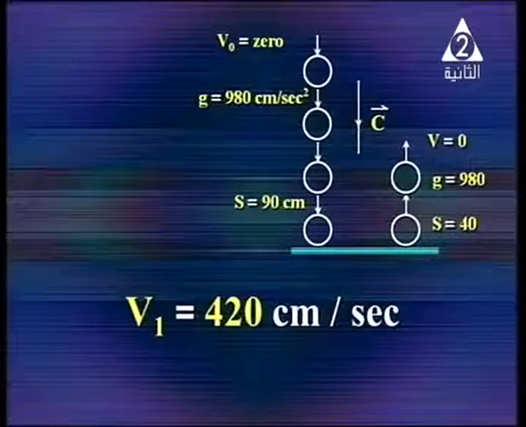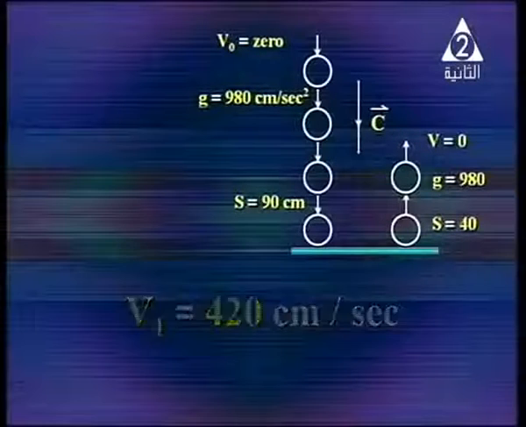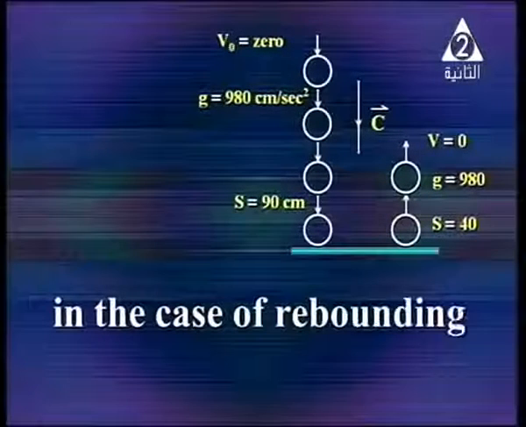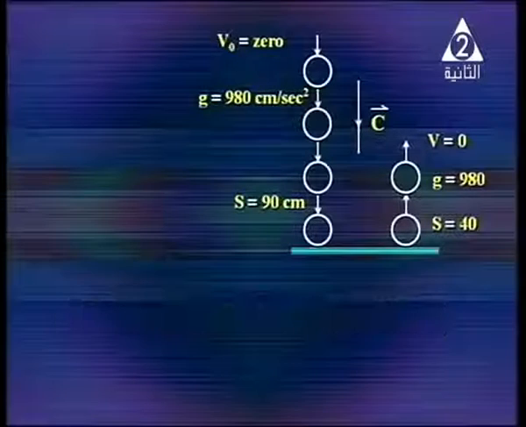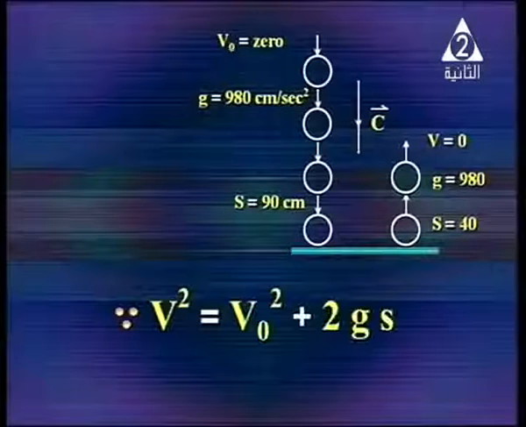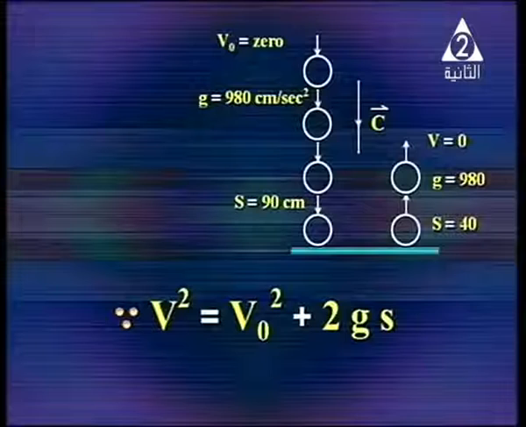In the second case of rebound, look at V square equals V naught square plus 2GS.